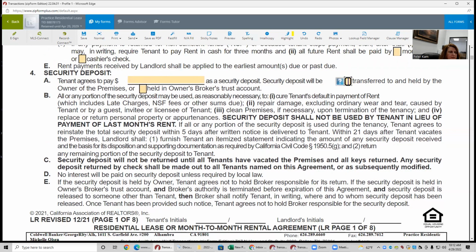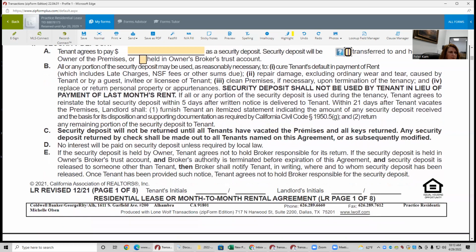Okay. And the cashier's check would be handed directly to the landlord. We don't hold it. It's not made out to Coldwell Banker George. It's made directly out to the landlord. So here, if a tenant defaults on a rental payment or doesn't pay you your late charges as a landlord, you can deduct it from the security deposit and take that late fee from them.